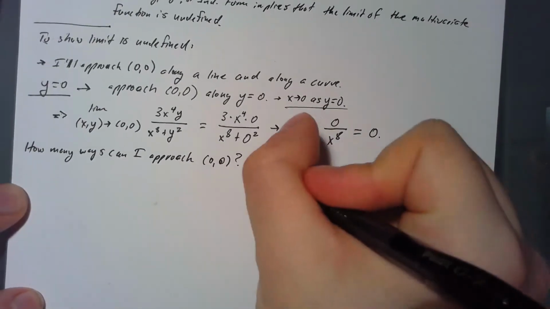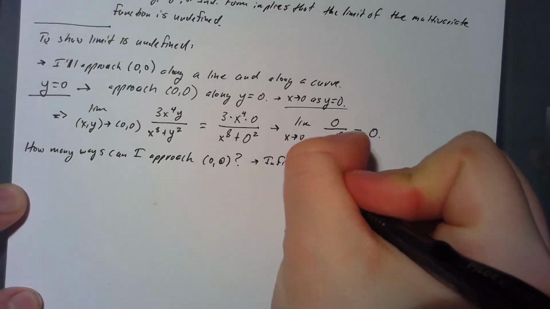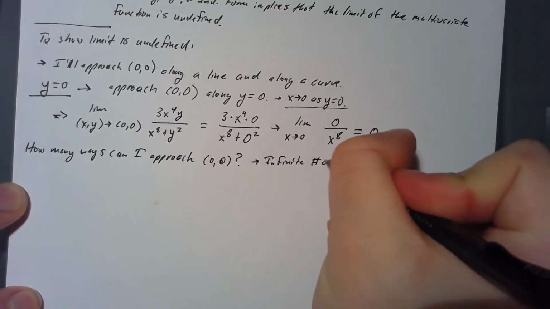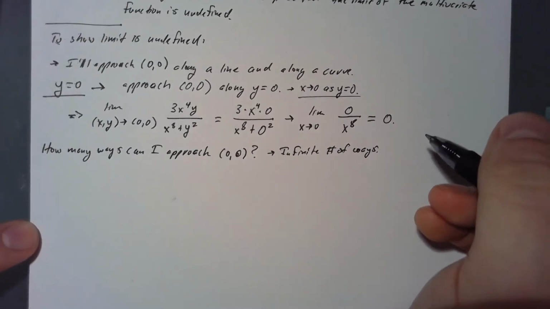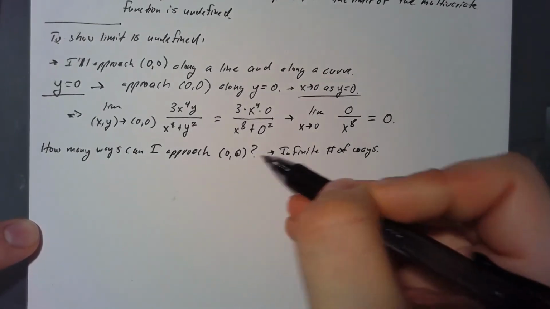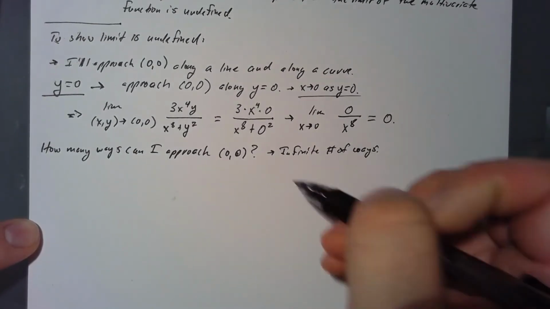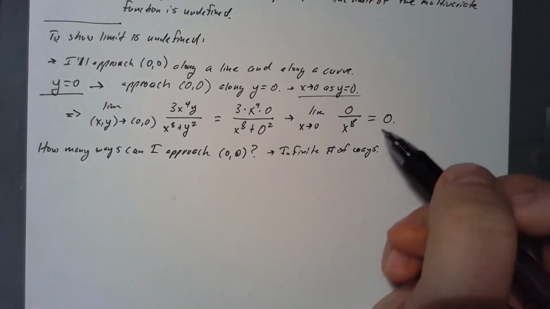There's an infinite number of ways. So I just need to show 2 that have different values.